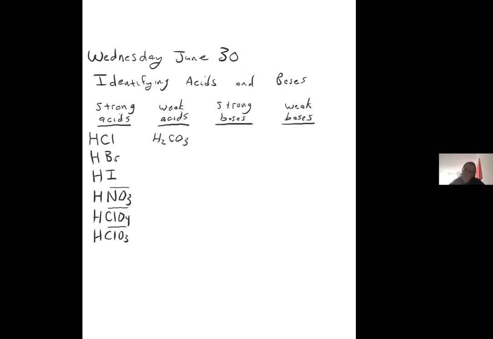Notice the format's kind of the same. You have hydrogen and then non-metal. Oh, I missed one strong acid. That's an important one. I'm sorry. H2SO4. That's called sulfuric acid. That's a very important strong acid, H2SO4. So there's 7 in that list. H2CO3. I could just keep going on. H2SO3.